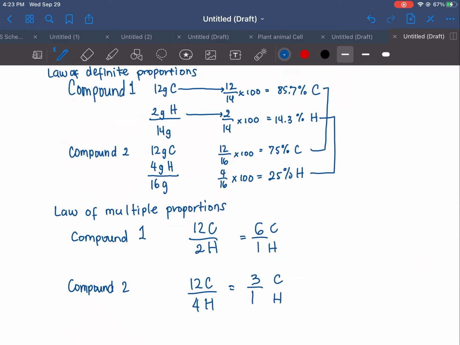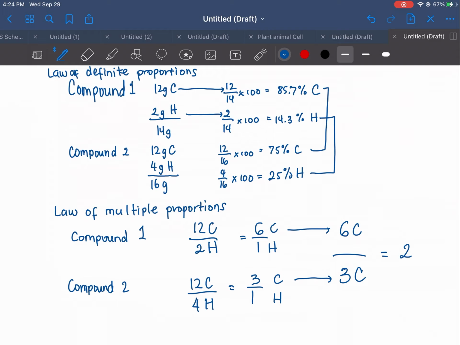My pen's acting up again. Hold on. So if I have 6 carbons over my 3 carbons, you can divide them and figure out if they follow the law of multiple proportions. Now, if you look at the number I got, it's a 2.